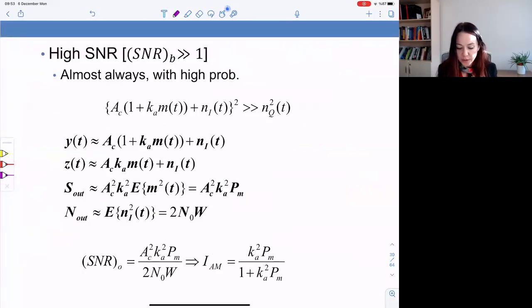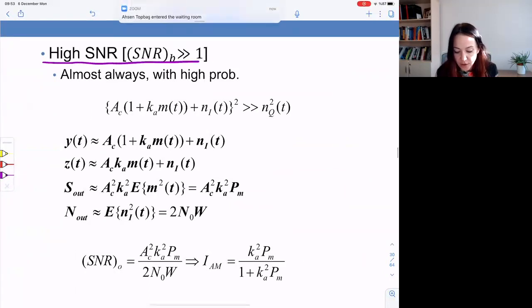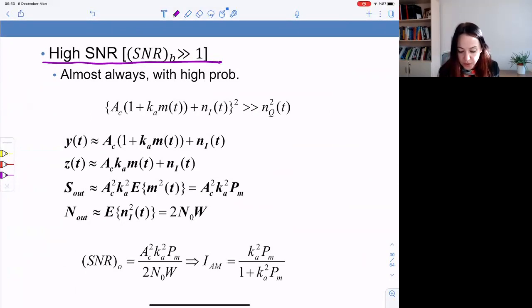So the main approximation is the high SNR assumption, which is going to be necessary for the envelope detector to work anyway. The assumption is that the noise is not as bad as to be significant over the power of the signal. The noise should not dominate.